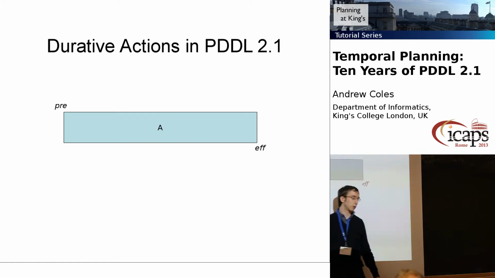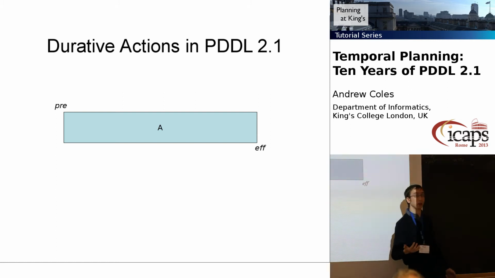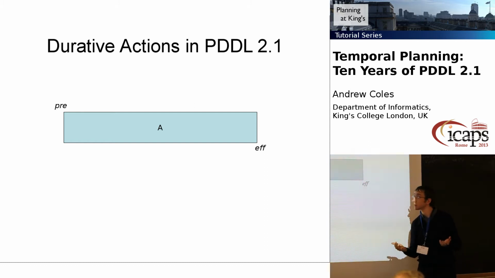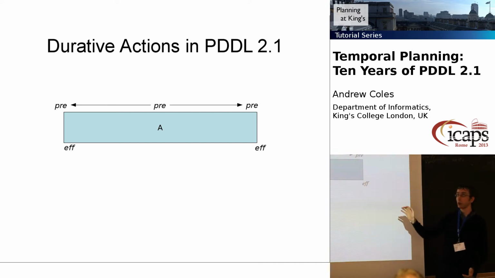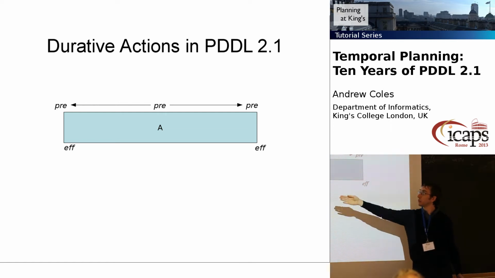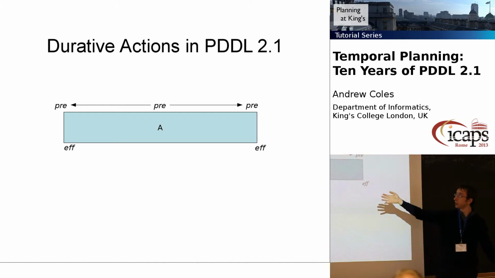So we have a happening which represents when we have chosen to start an action, and then we have a happening of when the action has finished. So what we could have, for various reasons, because it's an elegant way of letting this model various things, is to allow preconditions and effects to be attached to both the start and the end of the action. So instead of just having preconditions at the start and effects at the end, we can now mix and match. We can have effects at the start too.